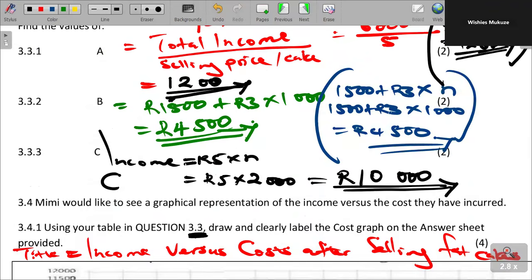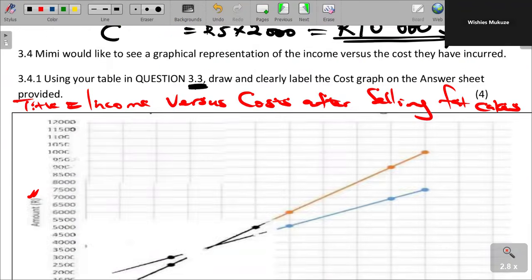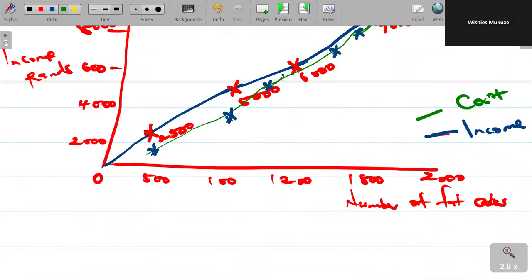We have got our cost and we have got our income. We have got our figures marked there. All these figures are marked here, class.